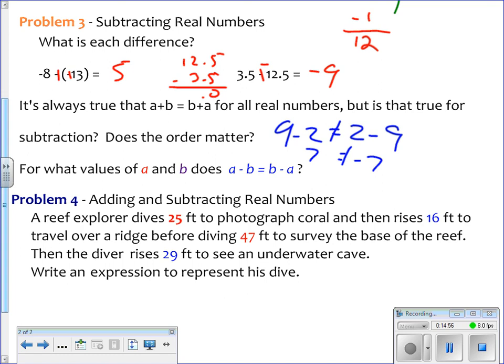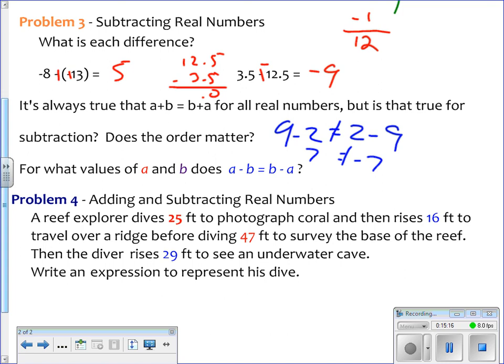Can you think of any time where one number minus another number is the same if you swap them? 1 minus 1, 2 minus 2, 3 minus 3, -5 minus -5.